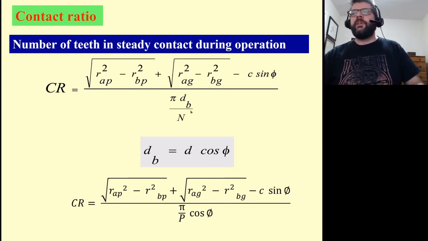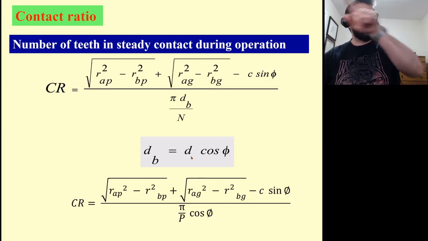Now that's for the base circle there. And the base circle can be found from the ratio between the base circle divided by the diameter of the gear, and that's the pitch diameter of the gear.